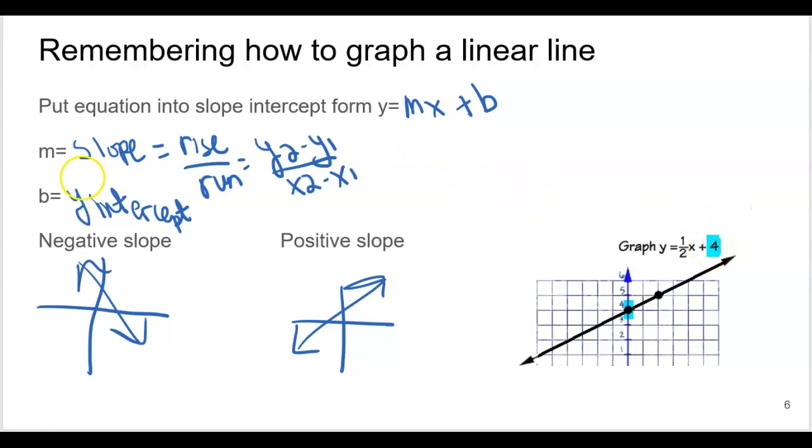And there's a couple different ways you can see that it got the slope. Our rise was 1, and then it went over 2. So up 1 over 2.